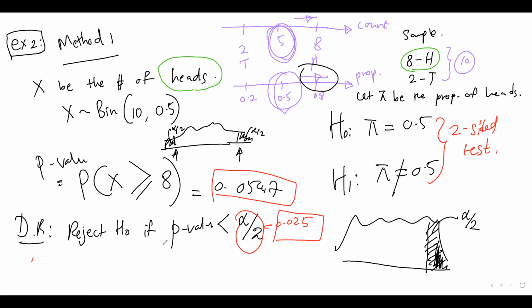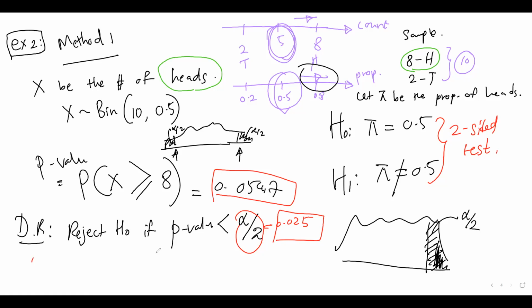The significance level doesn't change, right? Significance level is alpha. When you're making the decision rule, you have to involve alpha over 2. That's it. You can't say we do not have enough evidence to reject H naught with 2.5% of significance level.